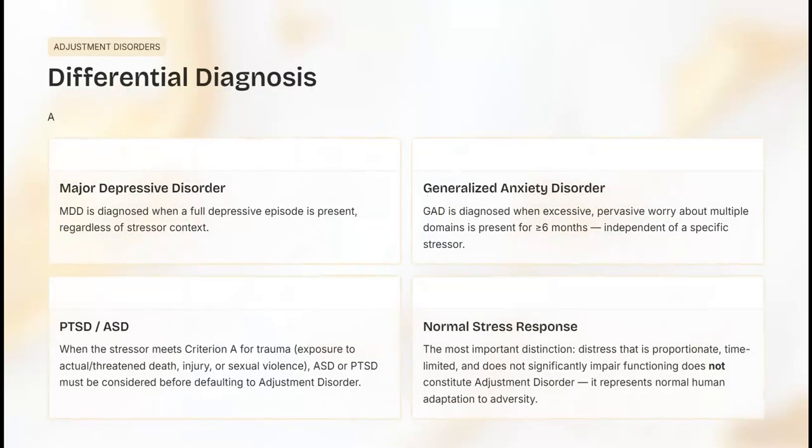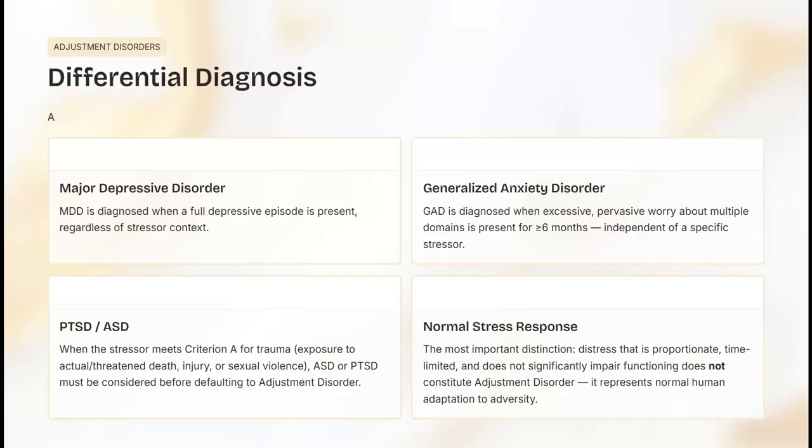Some of the differentials, of course, major depressive disorder. Of course, if a full depressive episode criteria is met, then major depressive disorder takes precedence regardless of whether a stressor is present. So if they meet the criteria for major depressive disorder, you will not diagnose them with adjustment disorder.